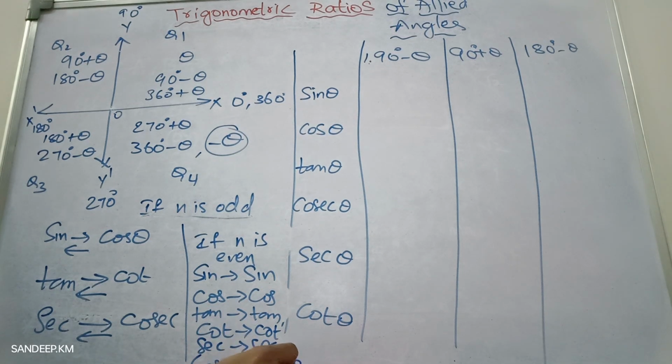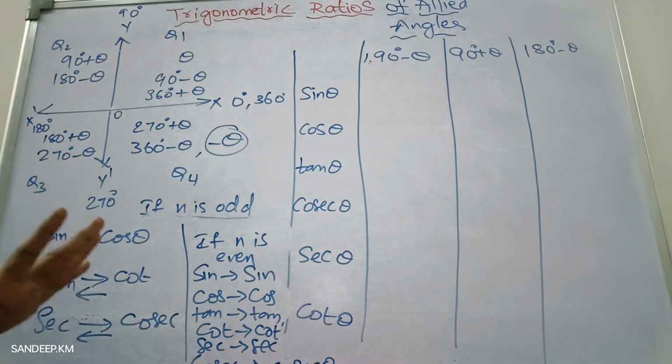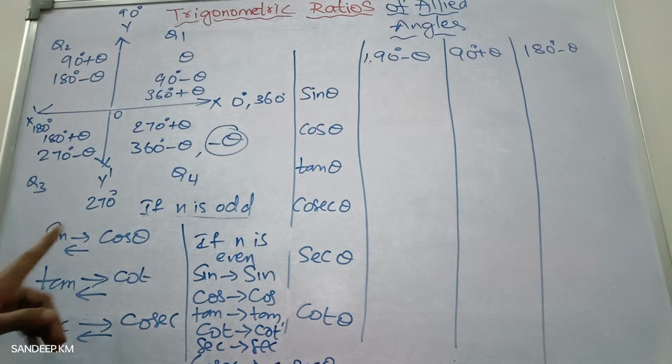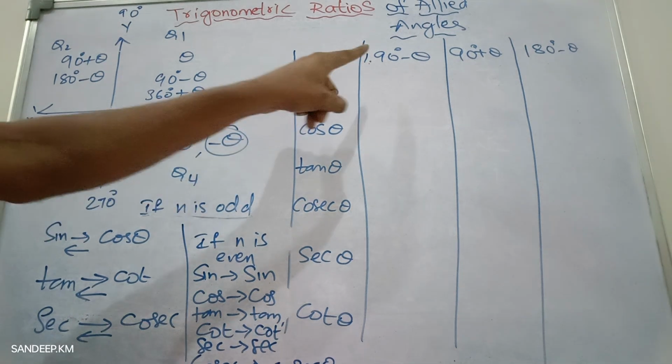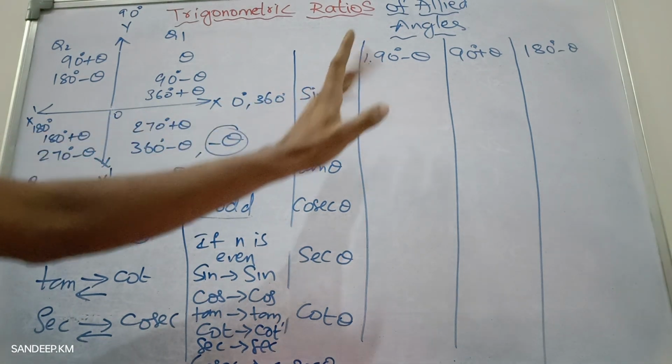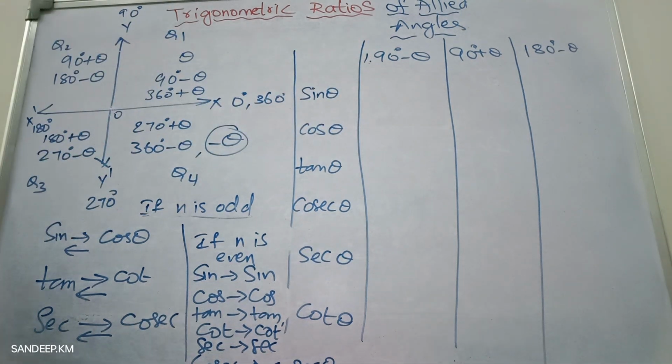There is no change if n is even, and there is a change if n is odd: sine becomes cos and cos becomes sine, tan becomes cot and cot becomes tan, sec becomes cosec and cosec becomes sec. So if it is an odd multiple of 90, there will be a change, and if it is an even multiple of 90, there will not be any change.